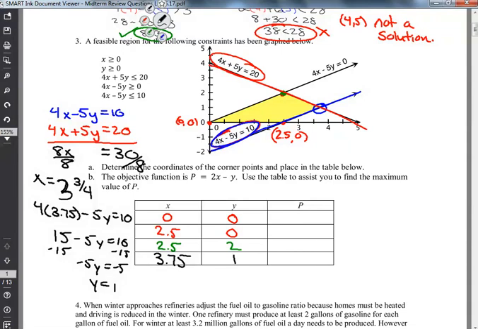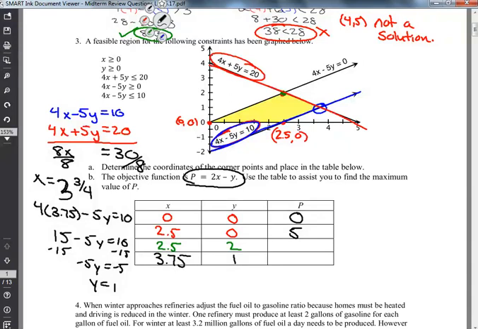Okay, now that I have the chart filled out, I can plug my values into my profit function. So into here, plug in these values. If I plug in 0, I'm just going to get 0. For (2.5, 0), I plug this in there, I get 5.